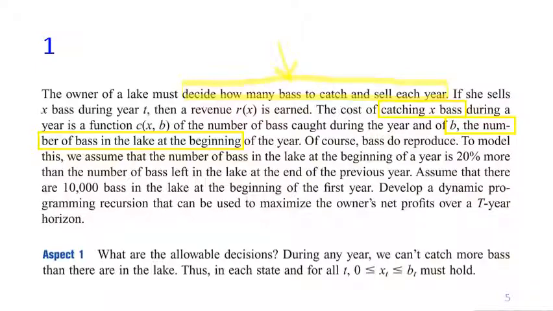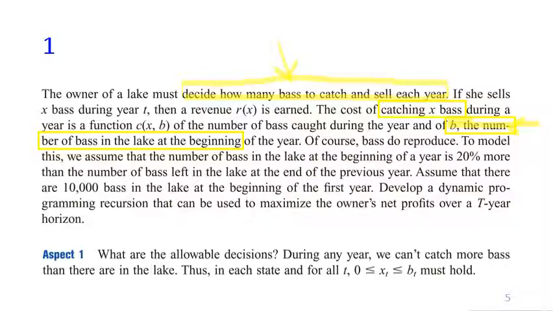Well, it is quite logical. If you have B fish in the lake, then obviously you cannot catch more than B fish, right? Let me repeat. If you have B fish in the lake, then obviously you cannot catch more than B fish.